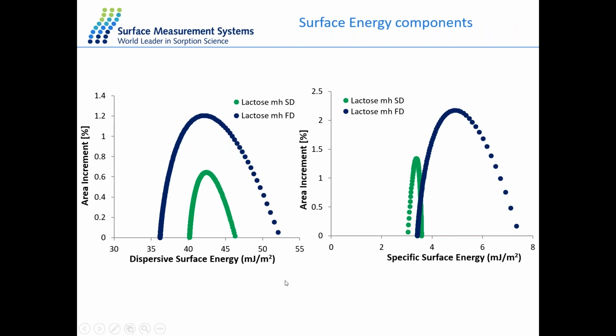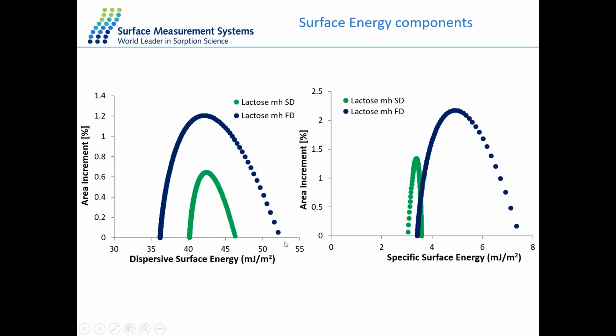In this example here, we have lactose monohydrate, spray-dried and freeze-dried. Here we have the dispersive surface energy, and we've analyzed based on the surface energy distribution. What we can see is that for our spray-dried material, we have quite a narrower peak width, and this is indicative of a more homogeneous sample.